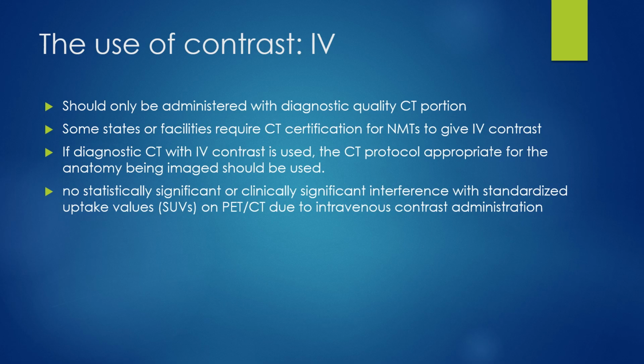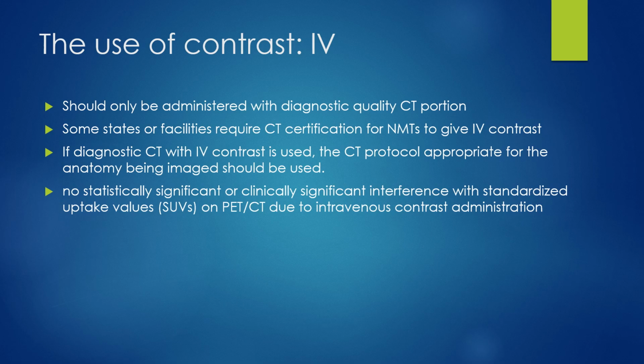If it is a diagnostic CT with IV contrast being used, then the parameters for that would follow whatever the CT protocol is that's appropriate for the anatomy. That's going to be different depending on brain, chest, abdomen, pelvis, whether it's a CTA or not, that kind of thing.